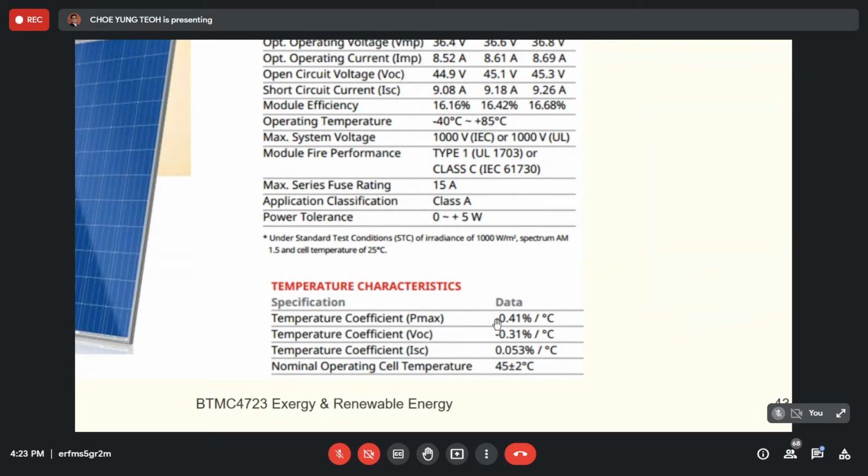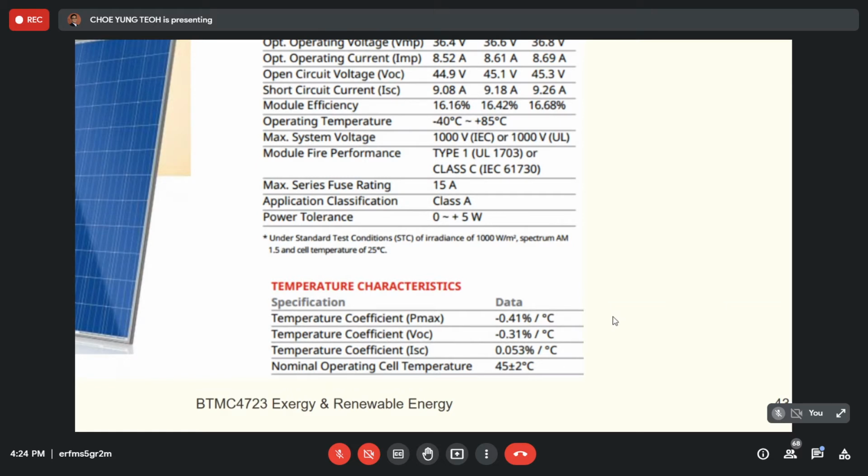So you take this 0.41. For every 1 degree Celsius increase, it will drop by 0.41%. So what if the temperature increases to 60 degrees Celsius? Compared to the condition at 25 degrees Celsius, the temperature increased by 35 degrees Celsius. So you take 35 degrees Celsius, multiply with negative 0.41%.